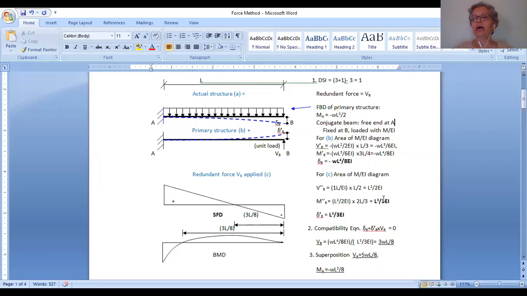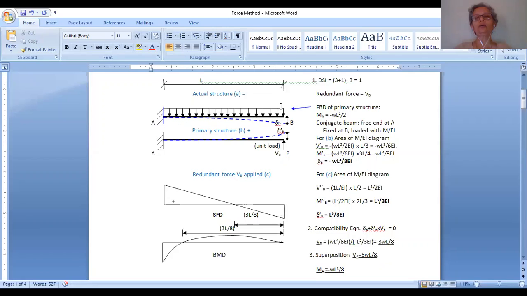Okay, fine. So VA is 5 WL by 8 upward. VB is 3 WL by 8 downward. And we have this UDL, which is going uniformly. So how will the SFD look like? Upward we have to go as per VA, then we have to go down.